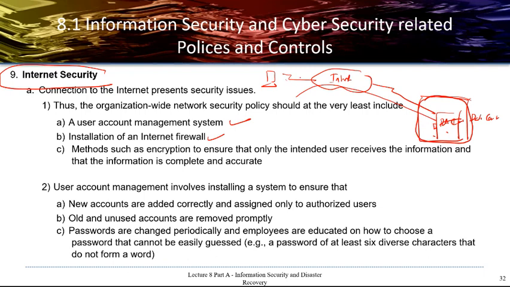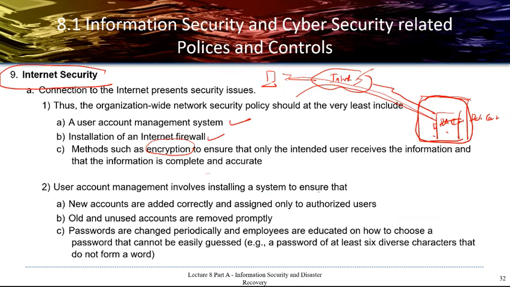Because when data travels through the internet or public links in plain text, somebody can sniff this data, get the information and hack the system. Therefore, encryption is required. I told you I'll explain what encryption is later in this lecture.